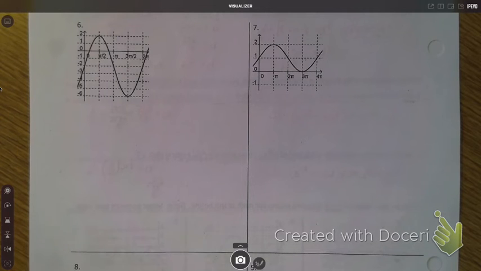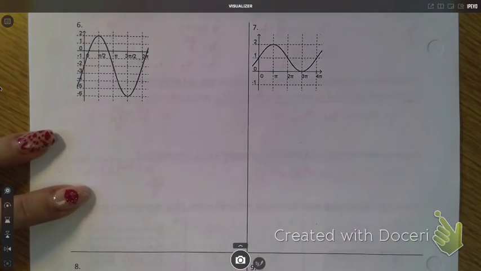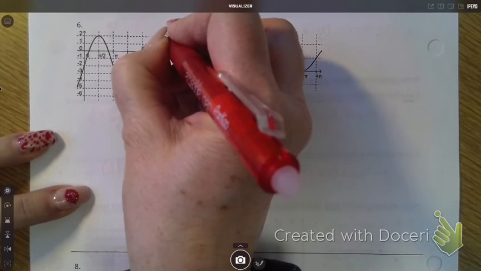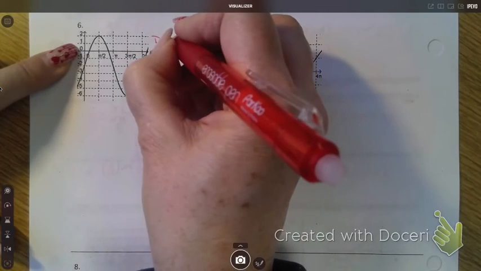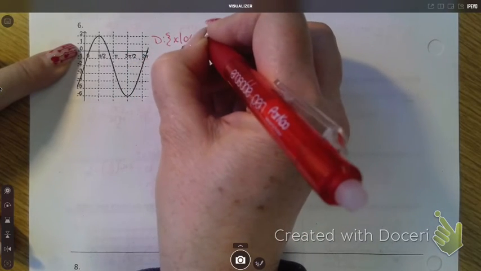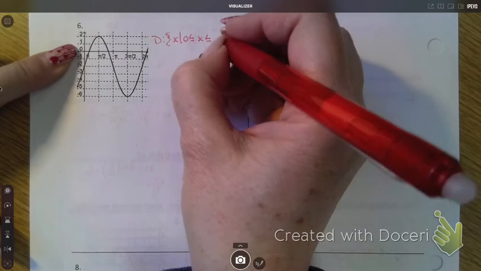Okay, so we can get all these done together. What are we going to do first? Domain. Would it be 0 to what? 2 pi. I guess if I'm using x's, I should put sine of x, not sine of theta, huh?